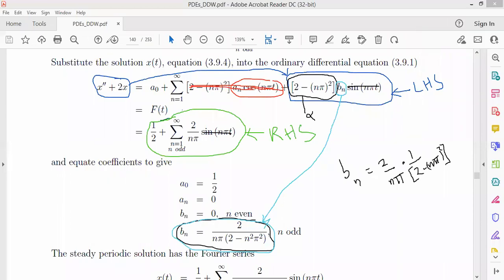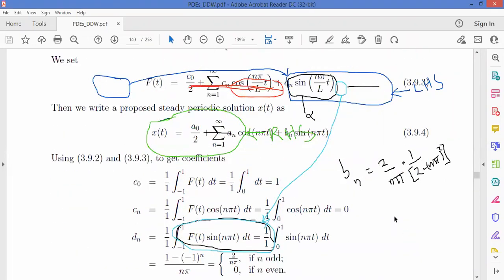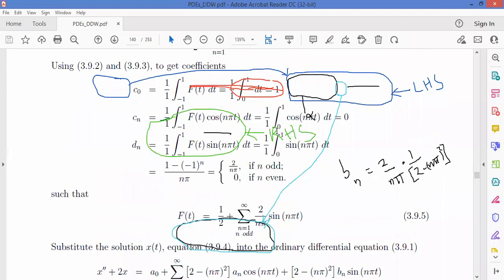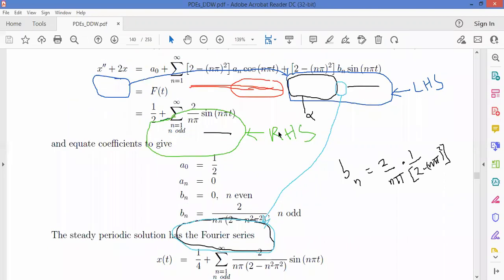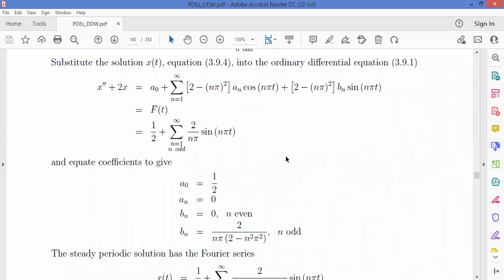Okay, we can scroll. It is right here. You can see this statement, equation 3.94. If you substitute into 3.94, it gives that answer.